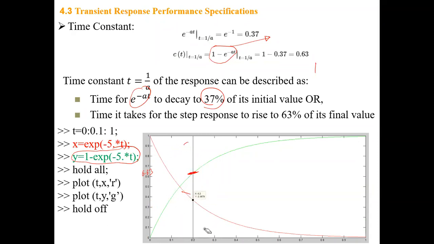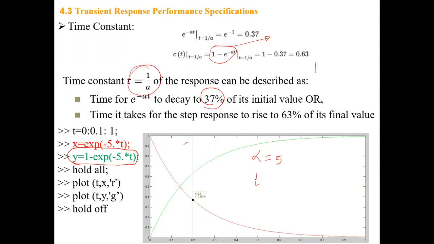And that time is called the time constant. We call it tau. Since my function has alpha equals 5, what is your tau then?